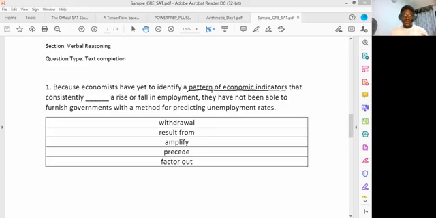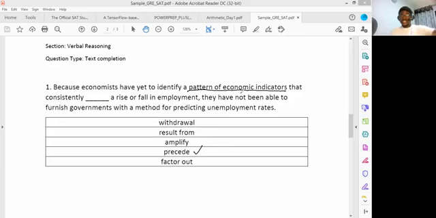Okay, so the best option that would fill this space would be precede. Because a pattern will have to precede. They must act as a sign for a rise or fall in employment.